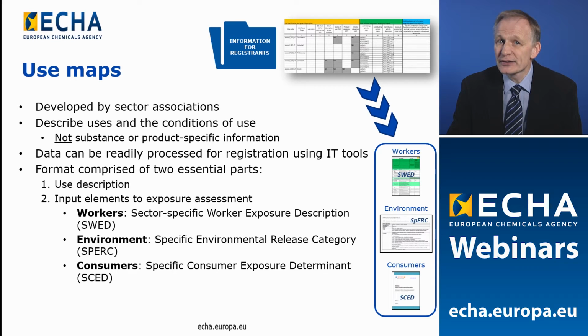They have a format comprised of two essential parts: a part that serves to describe the uses and the input elements for the REACH exposure assessment. For workers, these are known as sector-specific worker exposure descriptions. For the environment, specific environmental release categories. And for consumers, specific consumer exposure determinants.